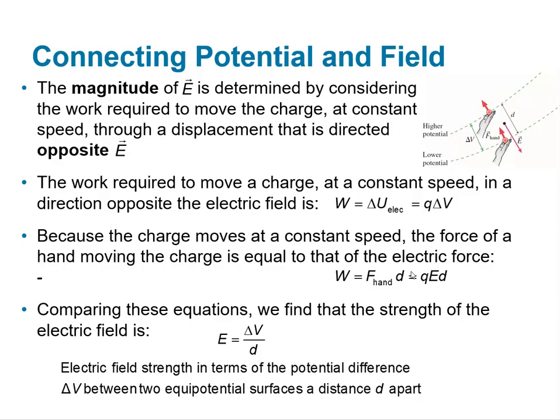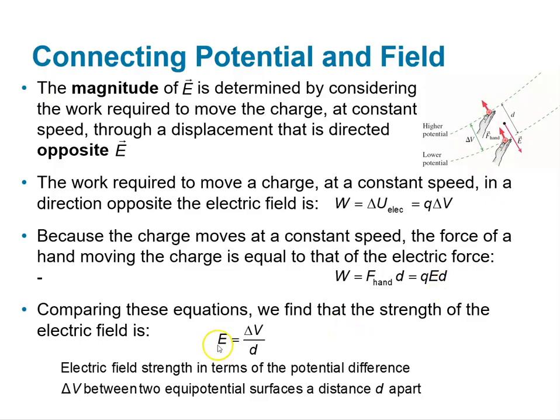We are going to be able to calculate the magnitude of the electric field by looking at the amount of work that it would take to change the potential of that charge. We combine the equations that work is equal to the change in potential energy, which is equal to charge times the change in potential, with the equation that we learned earlier for electric field.